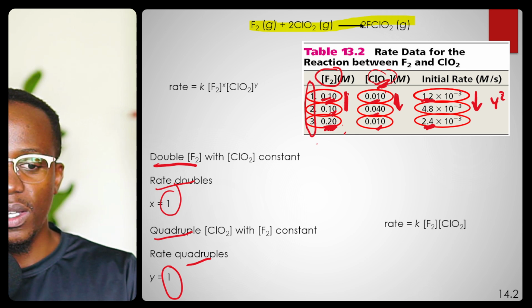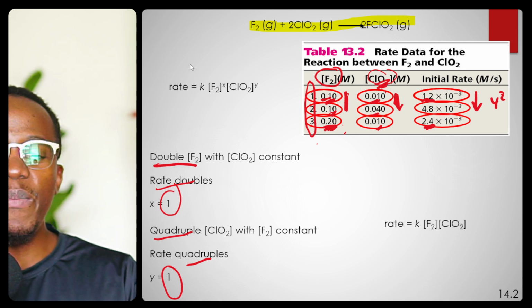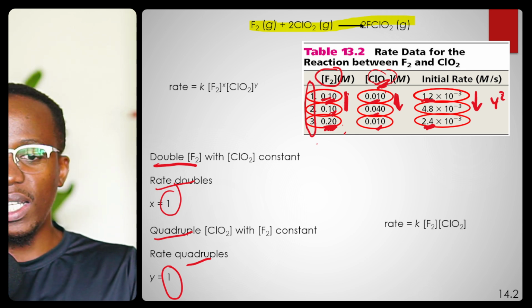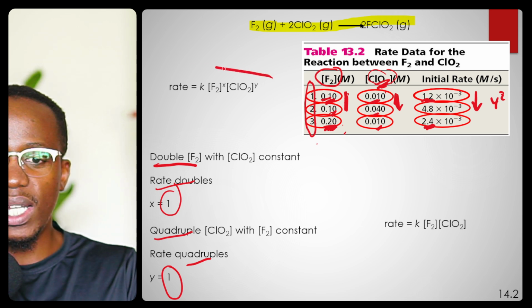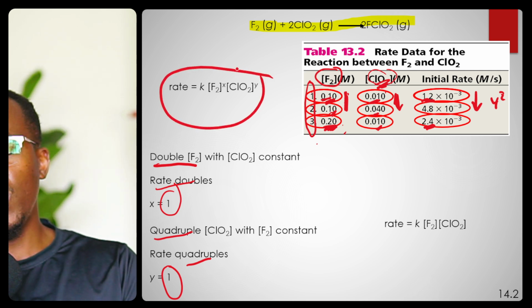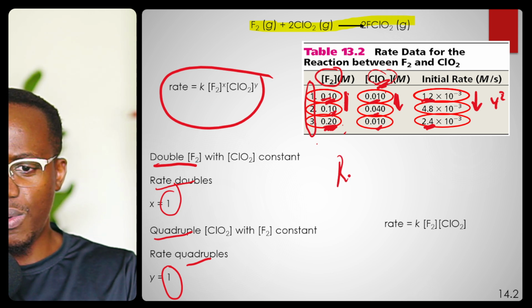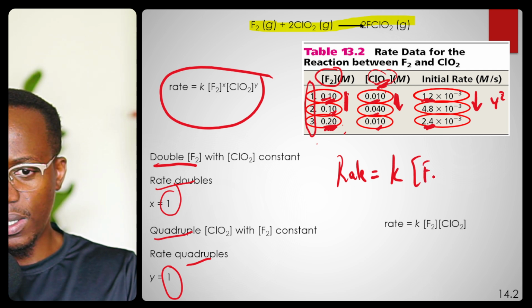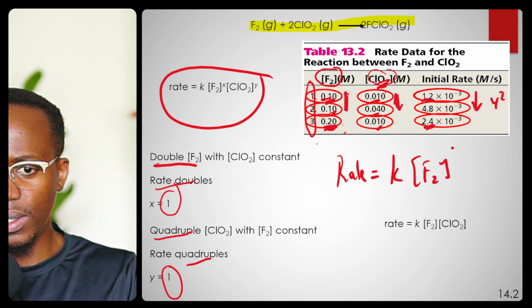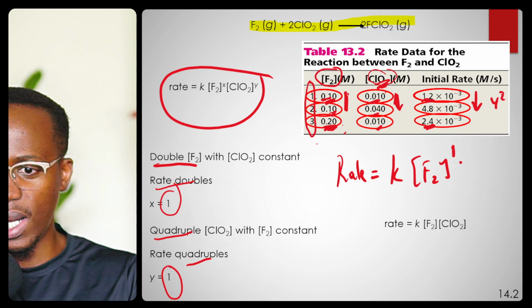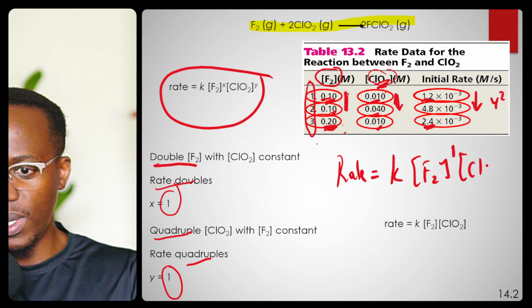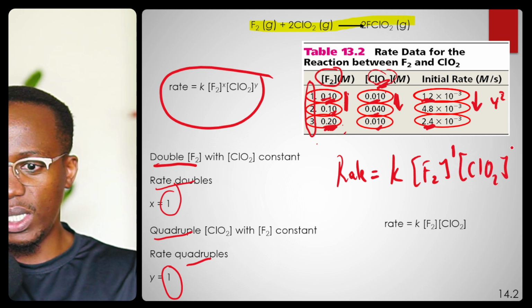This experiment has been done many a time, and after that, guess what? You can write down the rate law. If I ask you to write down the rate law, you say rate is equal to k times F2 to the x, which is 1 now, times ClO2 to the y, which is 1.